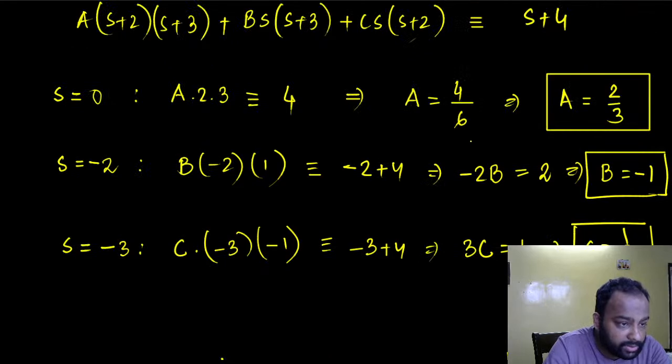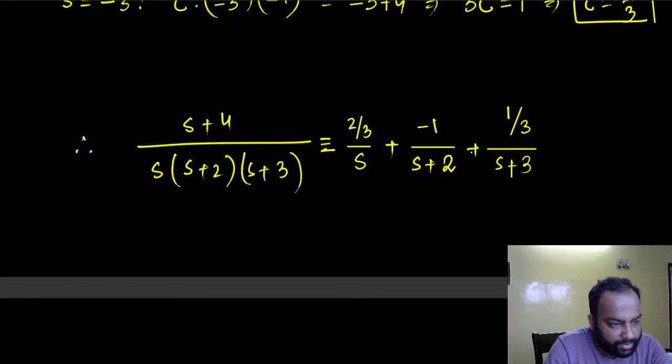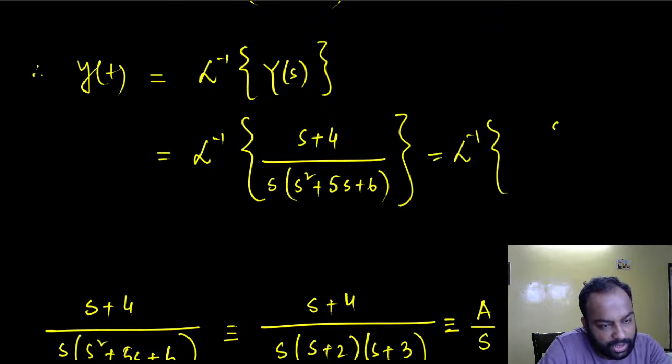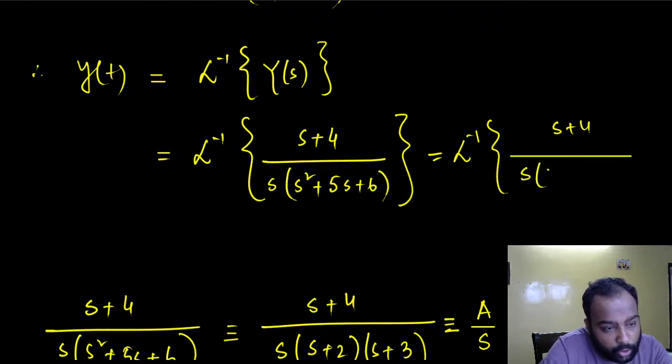So what were we looking for? We were looking for the inverse Laplace transform of this, right? So essentially we were looking for the inverse Laplace transform of s plus 4 divided by s into s plus 2 into s plus 3, right?